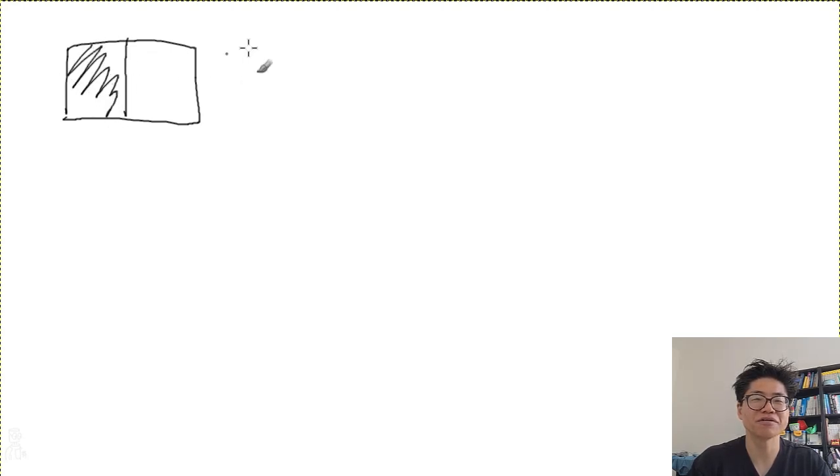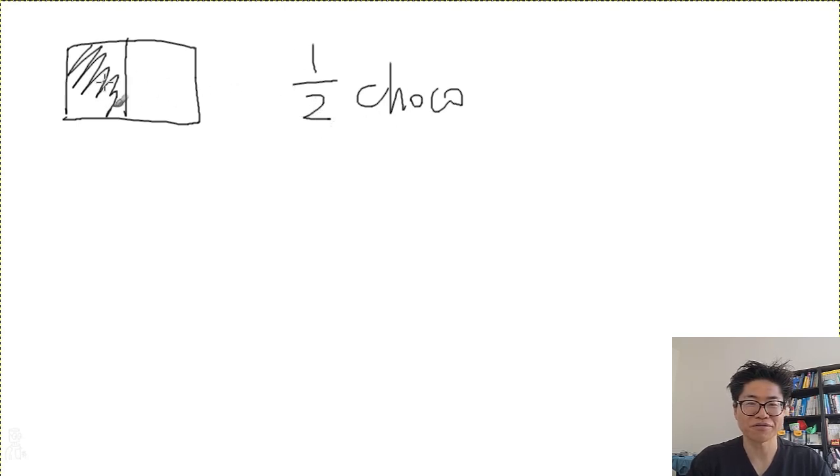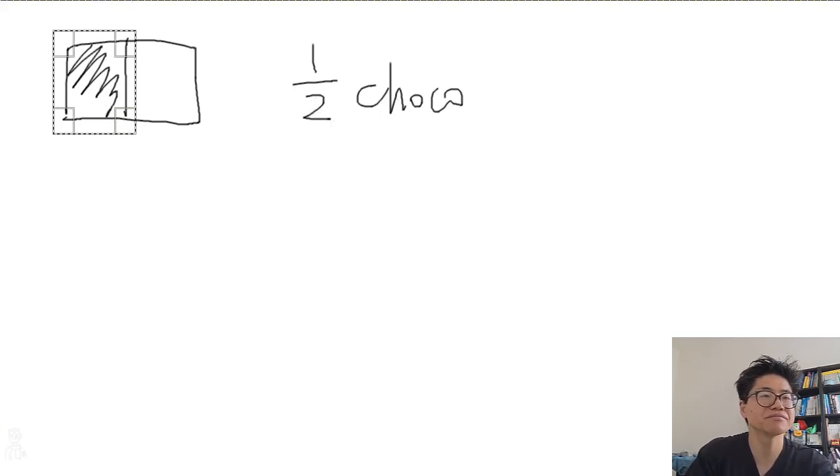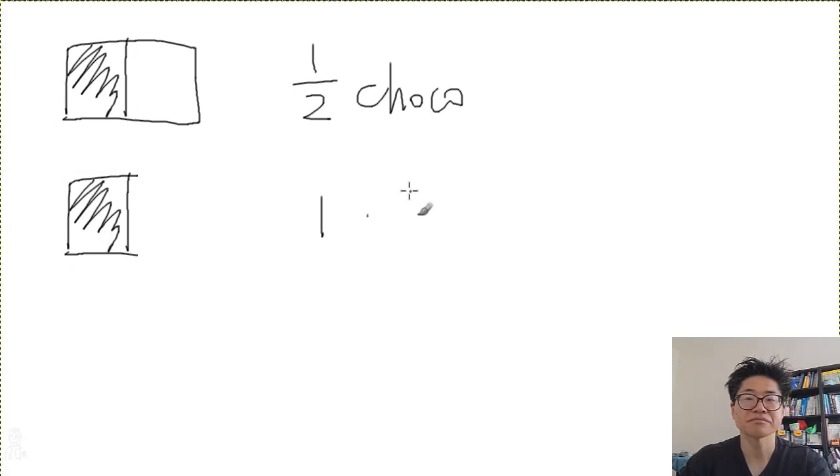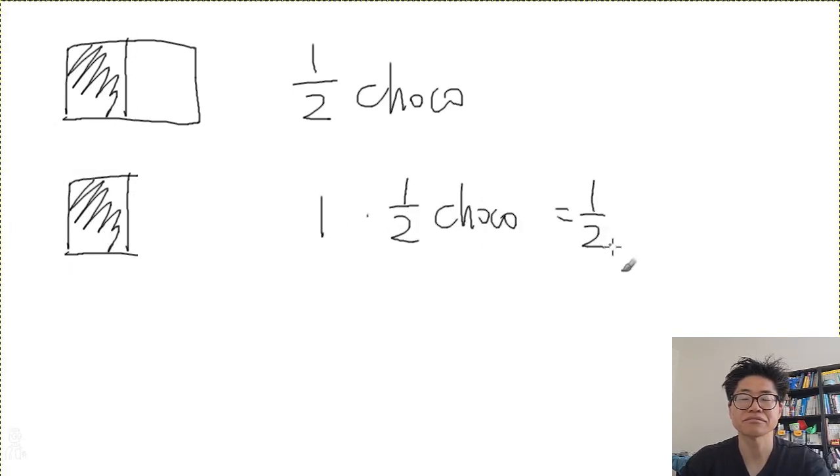Now let's think about fractions. I define this as 1 chocolate bar, and this part is 1 over 2 chocolate bar.